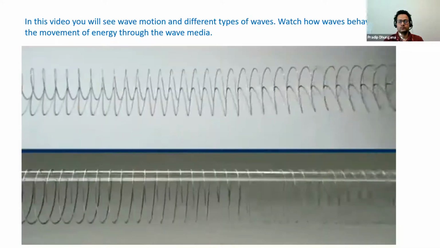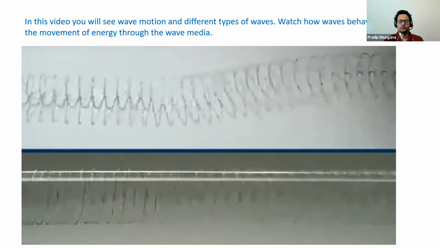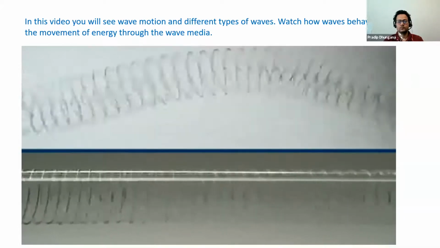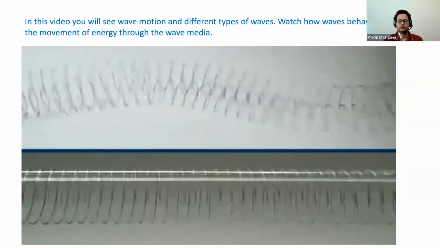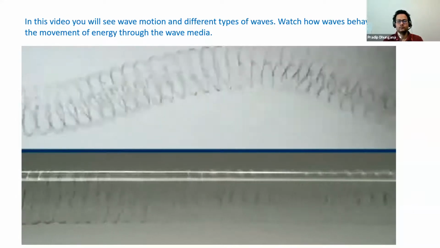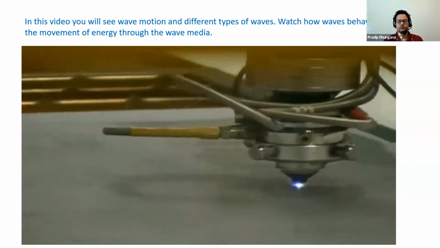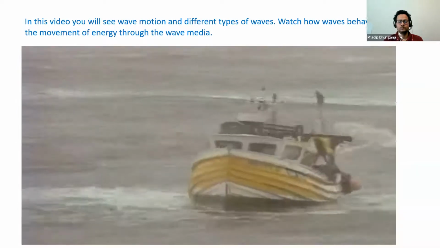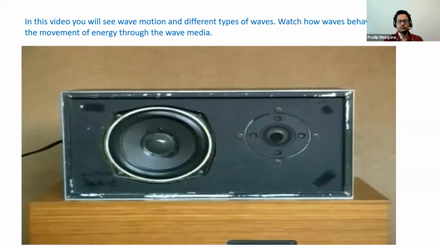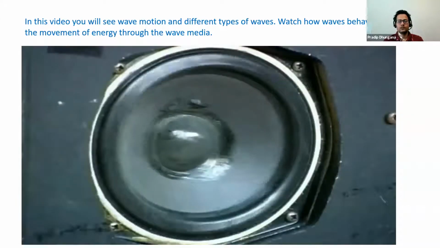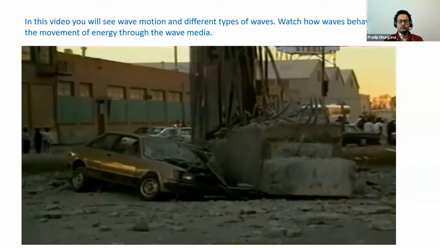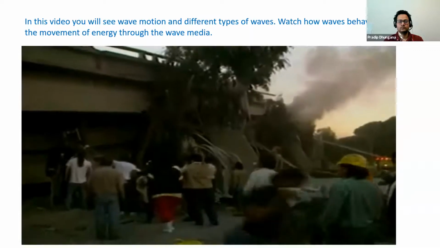For both types of wave, energy is transmitted along the spring, but the spring itself doesn't move forwards. Energy is transferred, but matter isn't. Light waves and water waves are both transverse. Sound waves are longitudinal. They're a series of compression waves travelling through the air. Earthquakes are caused by both transverse and longitudinal waves travelling through the ground.